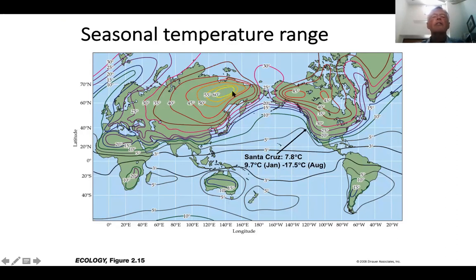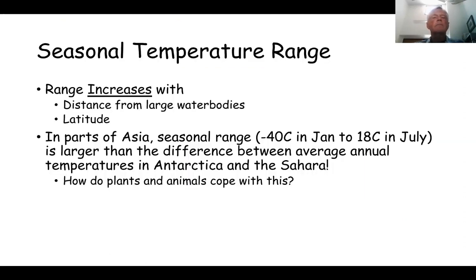The greatest seasonal temperature variation in the world is in Siberia. Almost 60 degrees in average temperature, very hot in the summer and bitterly cold in the wintertime. And this seasonal temperature variation has a lot to do with distance from oceans and the size of the land mass. All right, so seasonal temperature variation increases with distance from large water bodies.